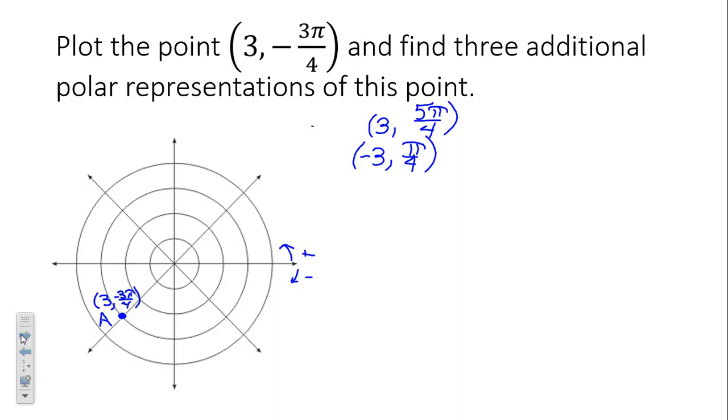Because if I move pi over 4 from the origin, the pole, okay, I'm going pi over 4 up, but then the opposite direction of what I normally would, okay, takes me to the same point as negative 3 pi over 4. Okay?